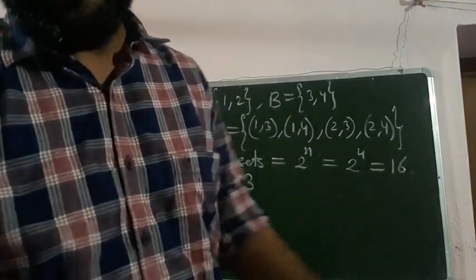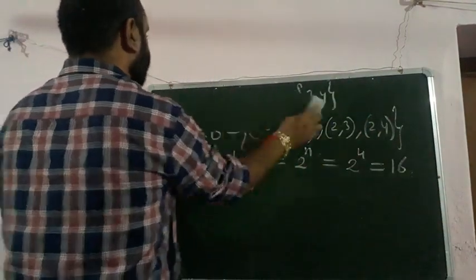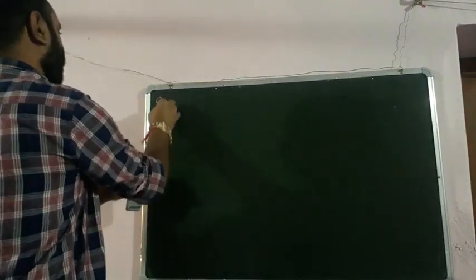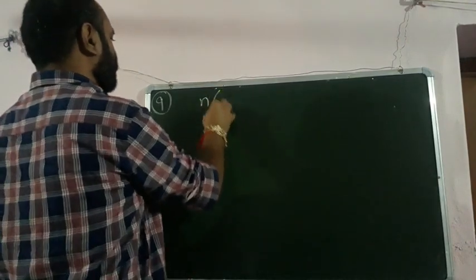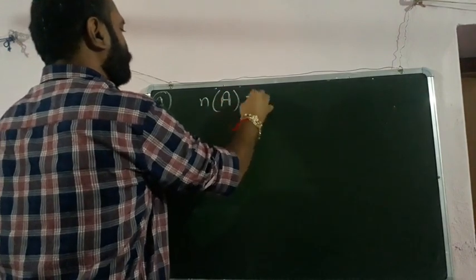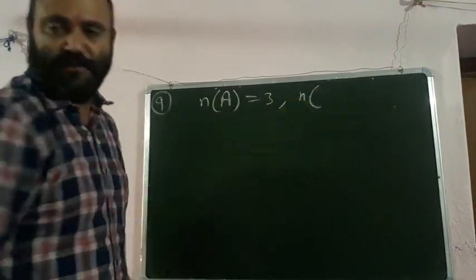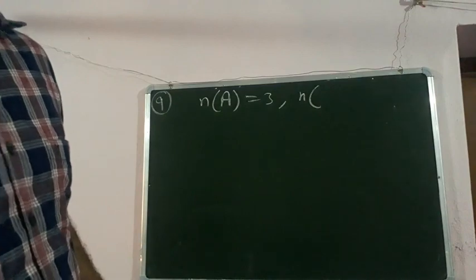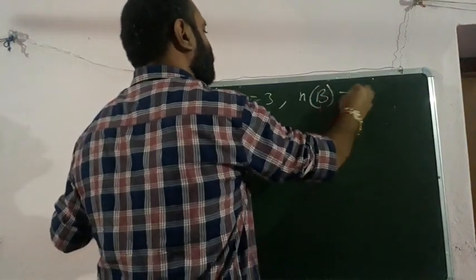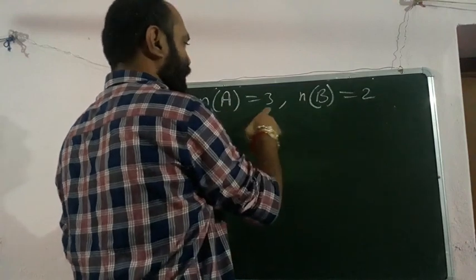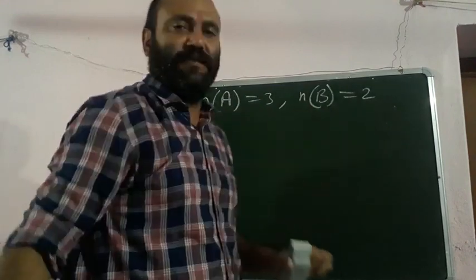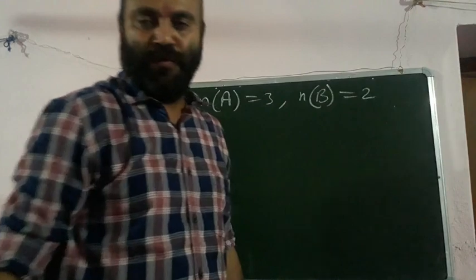Okay, let us take the next question. Question number 9. हाँ जी, question number 9 आपके पास है, let A and B be two sets such that n(A) is equal to 3 and n(B) is equal to 2. इसका मतलब number of elements in A is 3 and number of elements in B is 2.